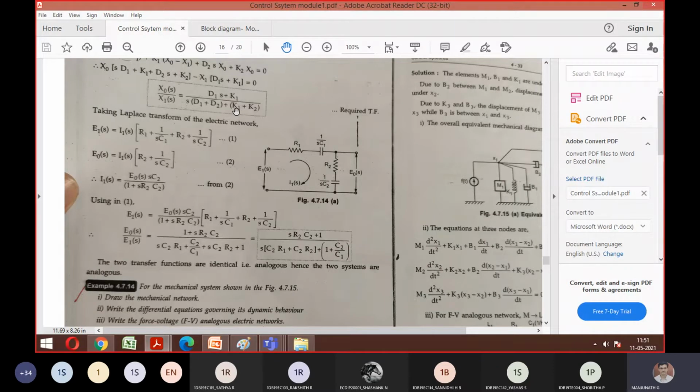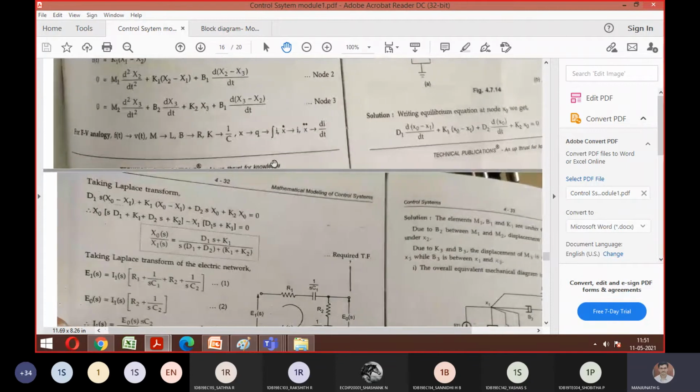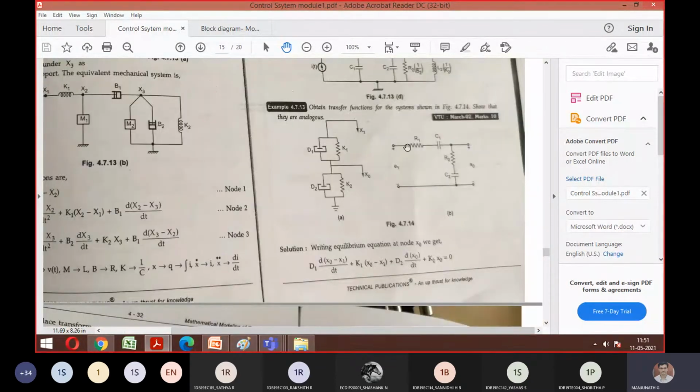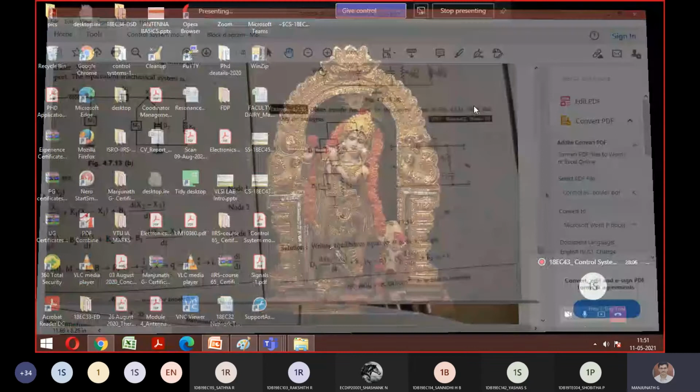Yes, sir. So that completes your module 1 completely now. This was a topic left out. Whatever type of questions they ask, if they give something like this, analogous to each other, we just have an idea how to go ahead, right? So let's move back.